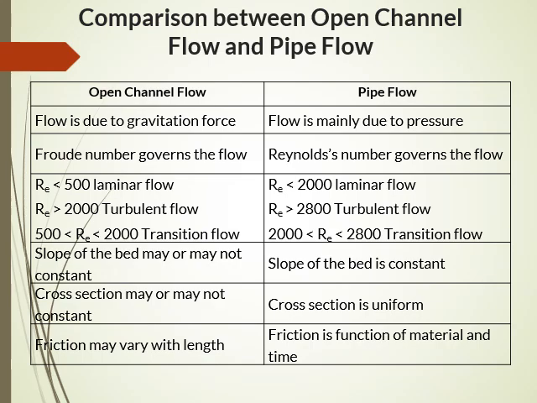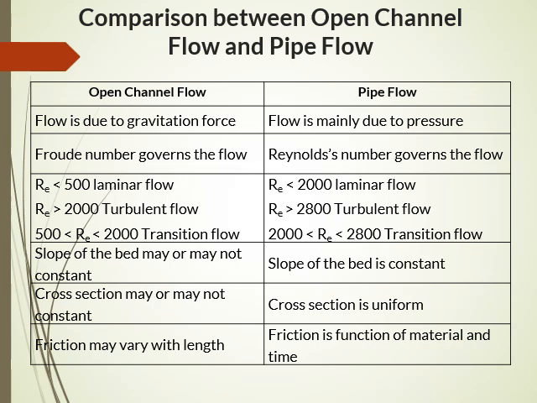The Froude number is directly proportional to the velocity of the flow and inversely proportional to the depth of flow. The Reynolds number is directly proportional to the density, velocity, and diameter, but inversely proportional to the viscosity. In open channel flow, the Reynolds number is less than 500.